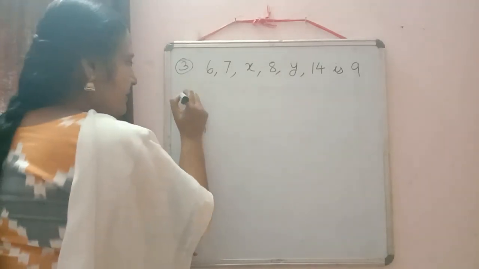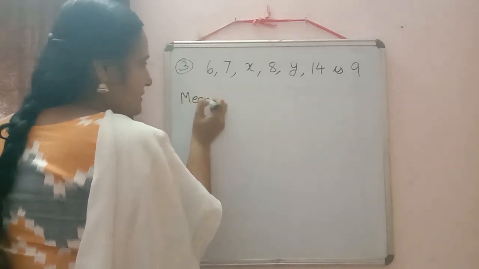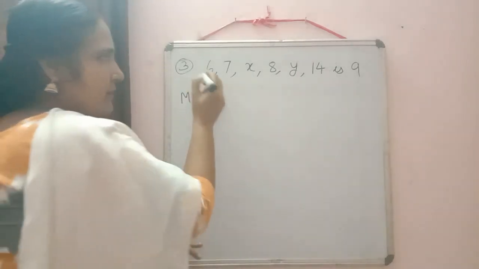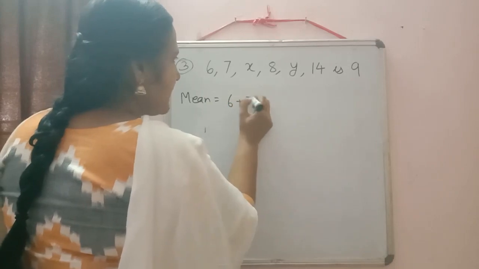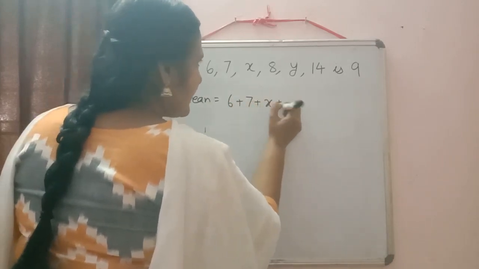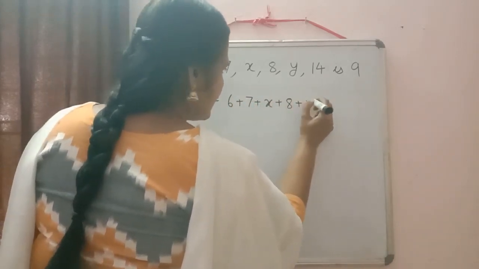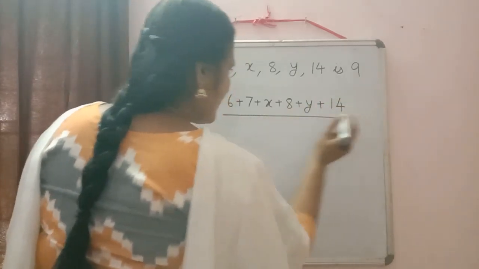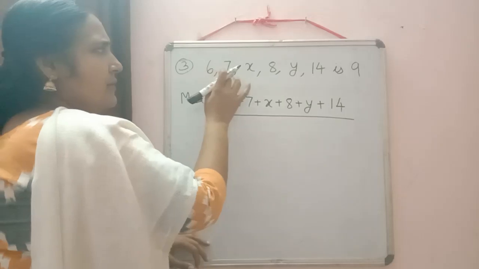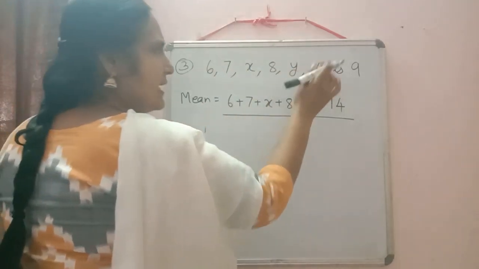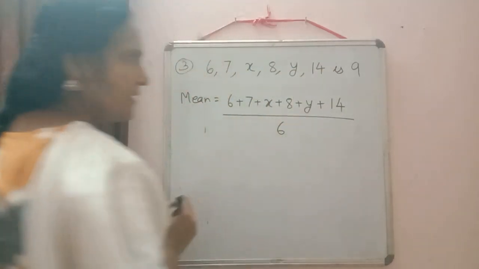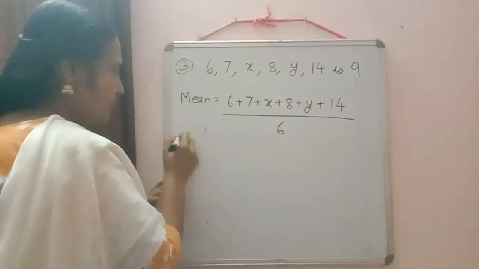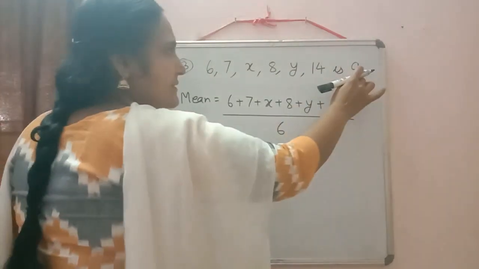So once again, what we will write? Yes, mean is equal to sum of all the observations. So it will be equal to 6 plus 7 plus x plus 8 plus y plus 14 by how many numbers are there? 1, 2, 3, 4, 5, 6 numbers are there, so divided by 6. Now what is the information given? Mean is 9.